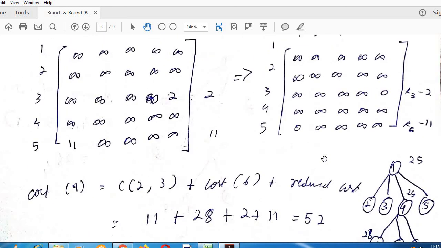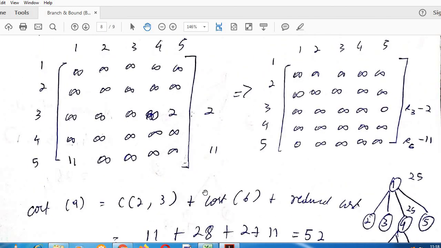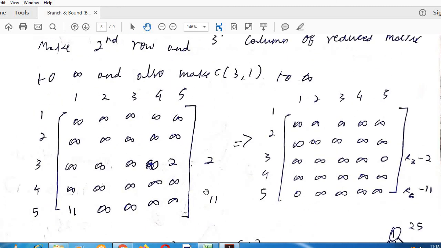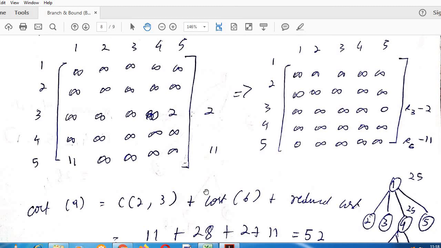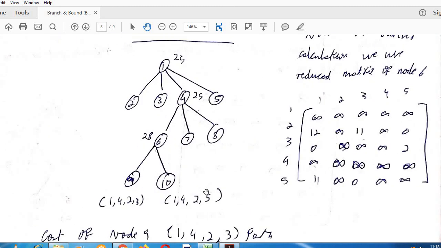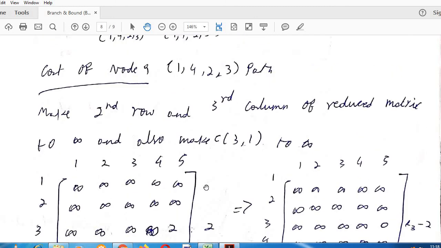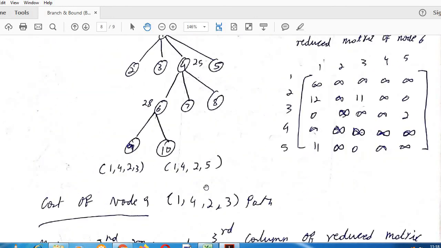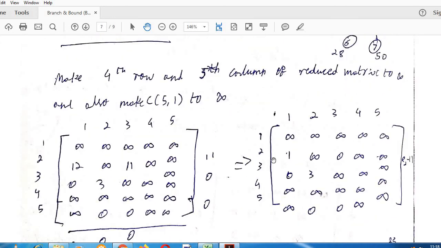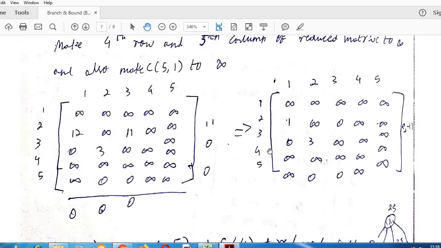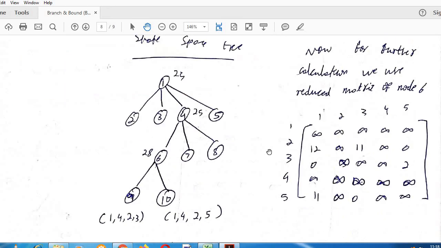After that I will find out the cost for reaching from 2 to 3. I have to consider the reduced matrix of node 6. In the reduced matrix of node 6, the cost of 2 to 3 is 11.